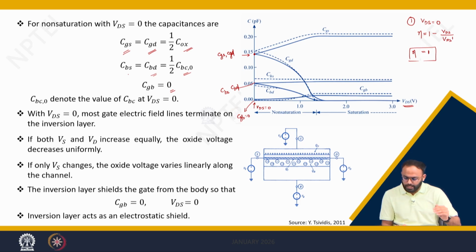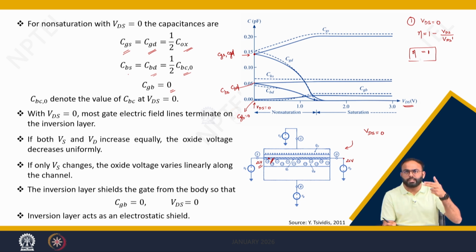To understand physically, let us consider a fictitious transistor again, and we are considering that VDS is equals to 0. If VDS is equals to 0 means what? The drain voltage and the source voltage at same potential, right? Now what happens is, suppose if you are increasing a small voltage at the source side, then the drain voltage also increases by the same amount, meaning the increase in the source voltage by some small amount increases the surface potential here. Because of the surface potential, there is a change in bulk charge.